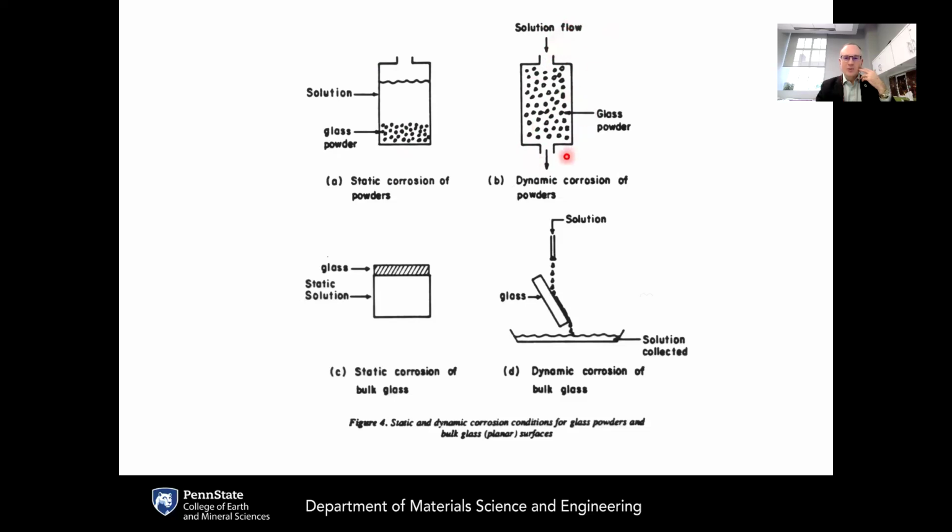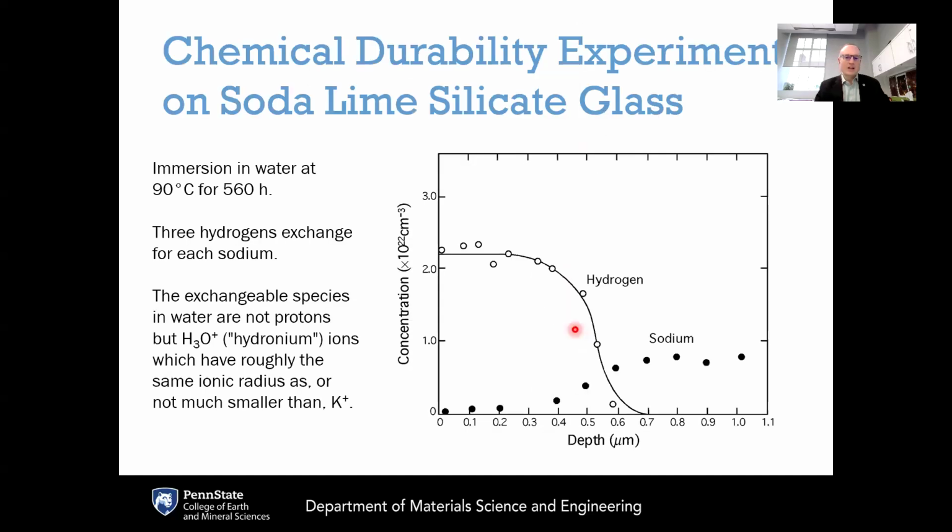This is the more common way to conduct dynamic corrosion experiments, but another way would be to flow the solution onto the surface of the glass and then collect it. And this latter case would be used for less chemically durable systems where you've got a higher corrosion rate and therefore can analyze the solution more easily.